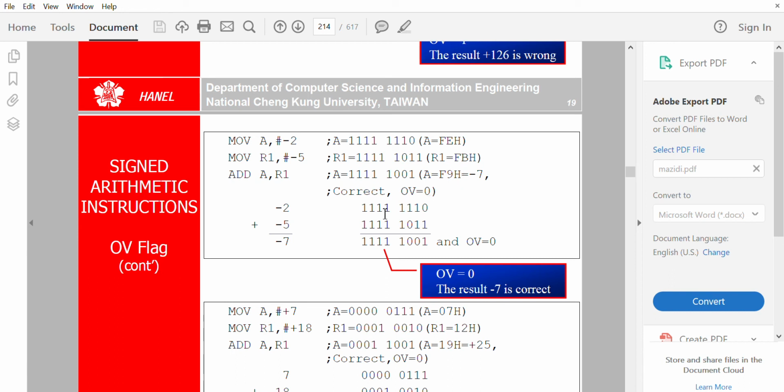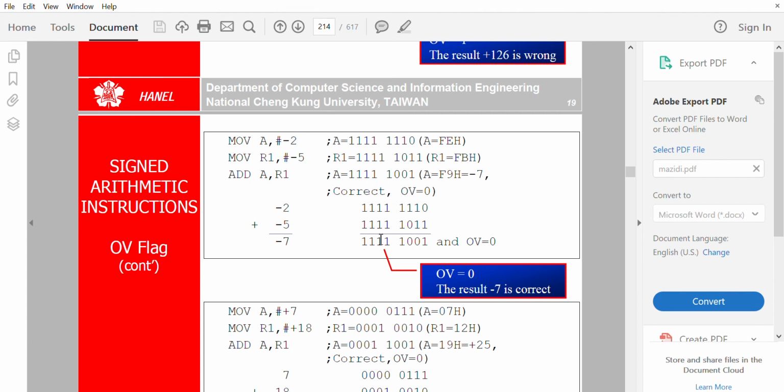So here you can see that, FE and FB. Okay. So here in this case, this is 1, this is 0, 1, 1 plus 1, 0. This is 1, 1, carry 1, 1.